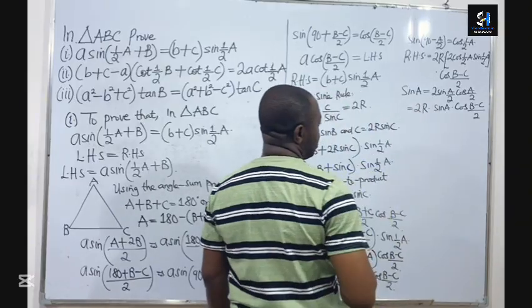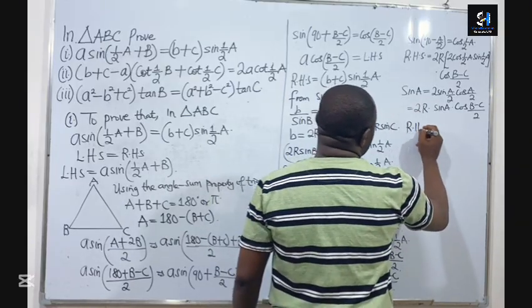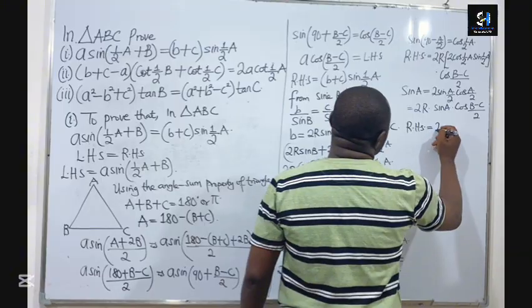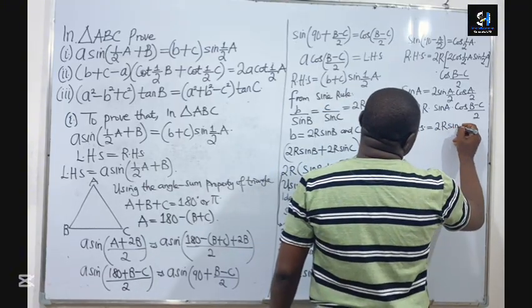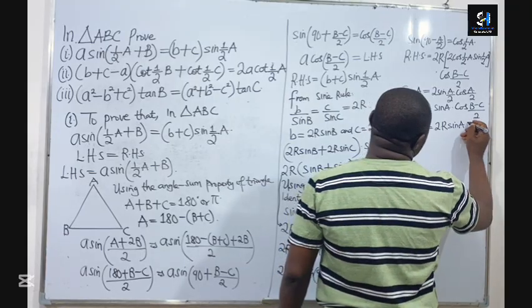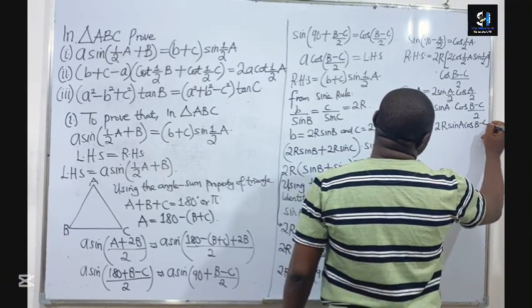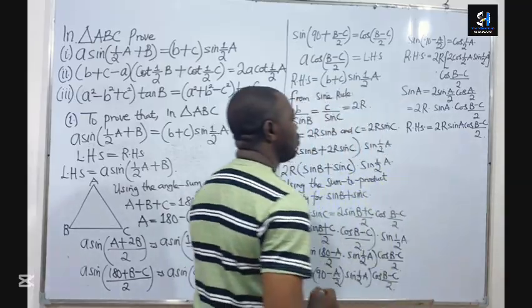This is still the right hand side. So we can say that the right hand side is equal to 2R sine A, cos (B minus C) over 2.